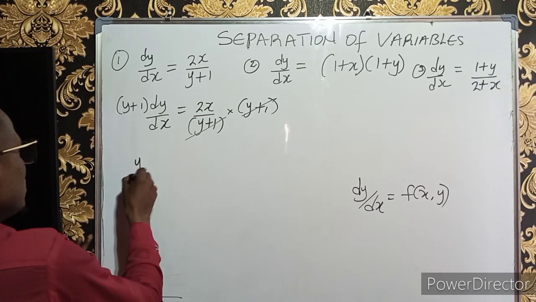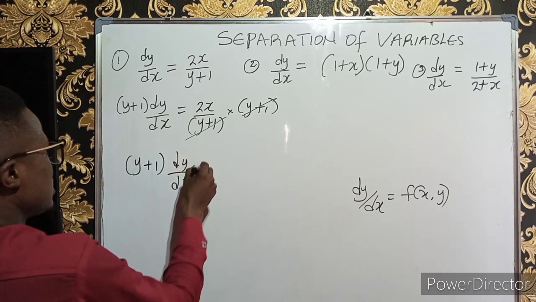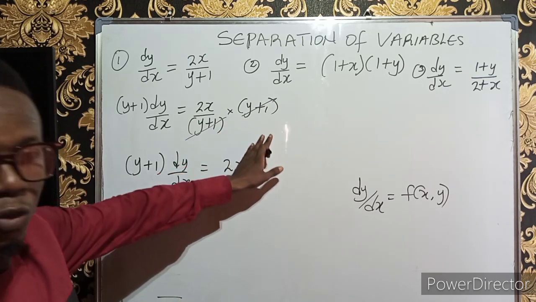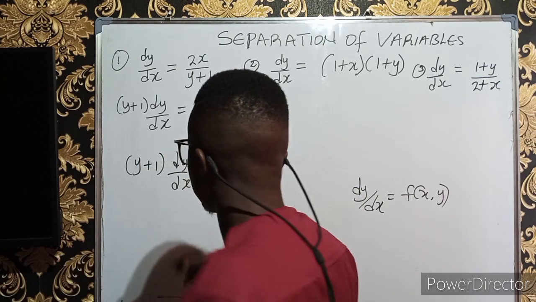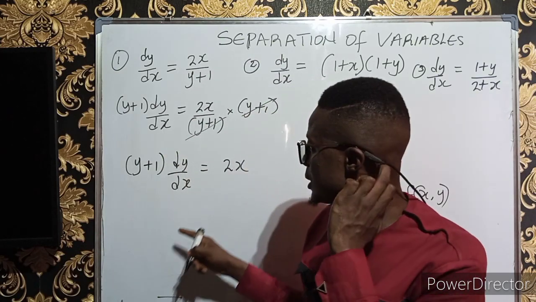We are left with (y plus 1) dy over dx equals 2x, because y plus 1 has cancelled y plus 1.